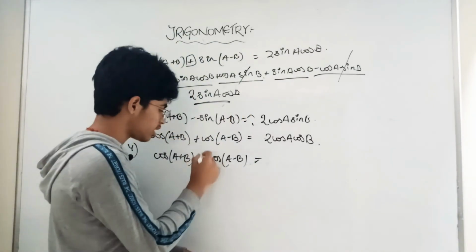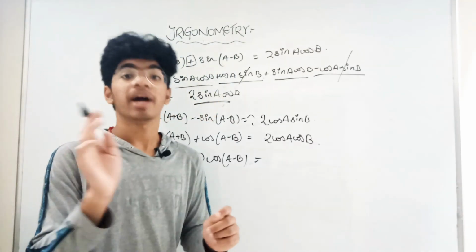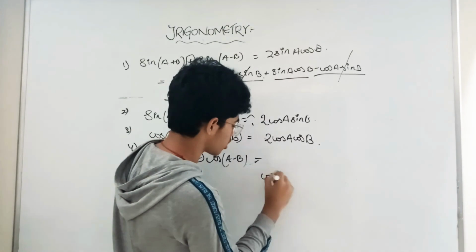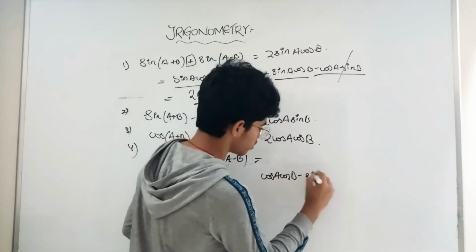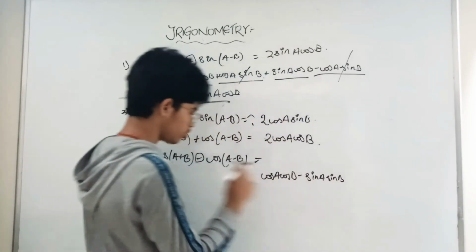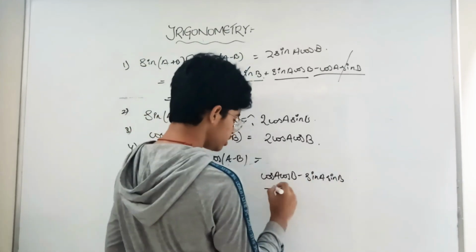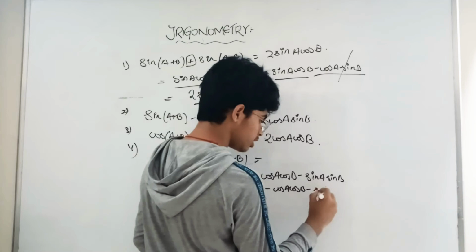But we have a minus sign, so the signs are going to change. Let me write it for you. So it is going to become cos a cos b minus sin a sin b, and now the remaining is going to become minus. The whole thing is going to become minus cos a cos b plus sin a sin b.